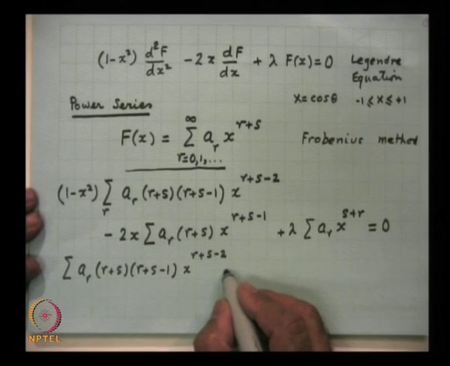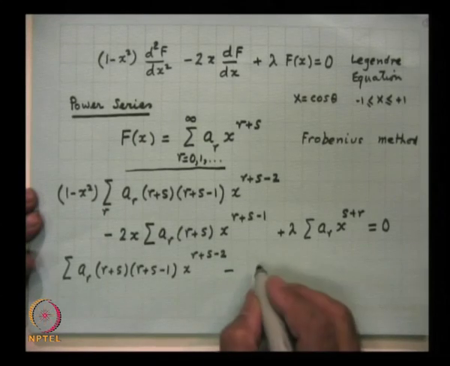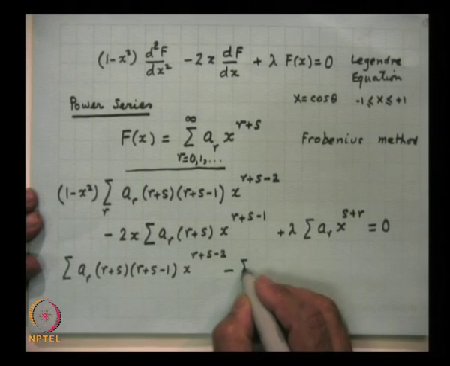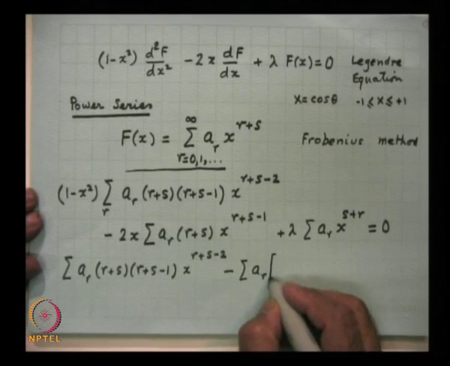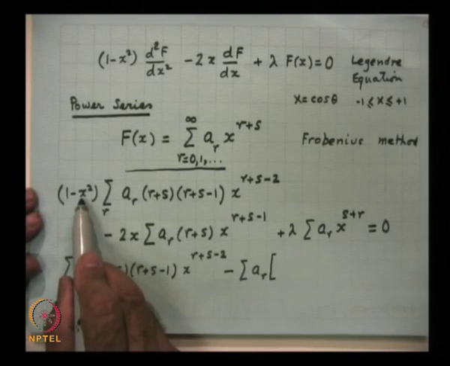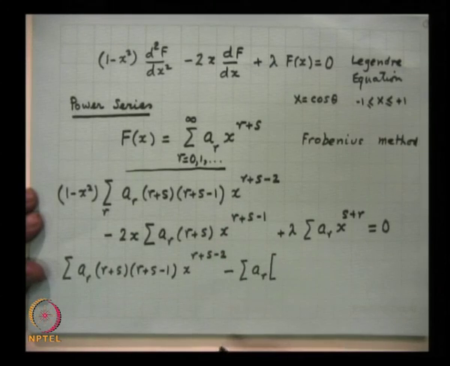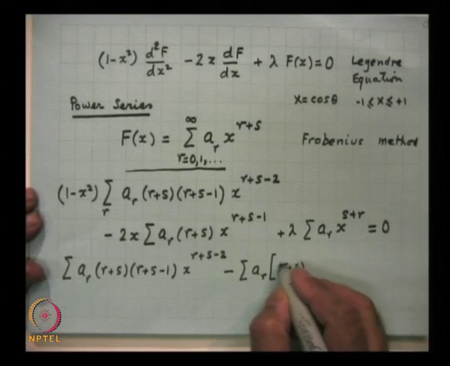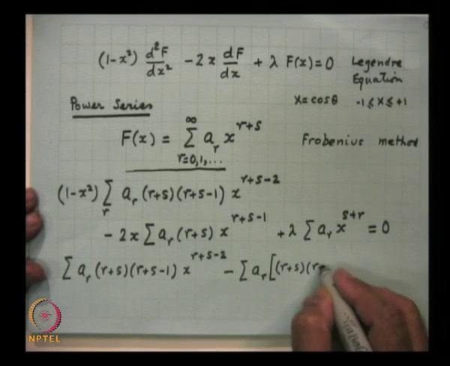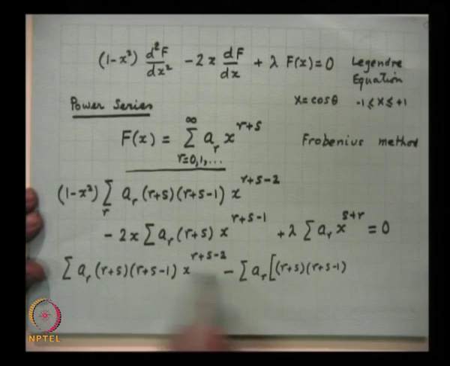minus, and if I take to the other side, let me put the minus sign here, minus a_r. Now, if I multiply x square here, as I just now mentioned, it becomes x raised to the power of r plus s. So, it becomes r plus s into r plus s minus 1, and I have taken the minus sign out.